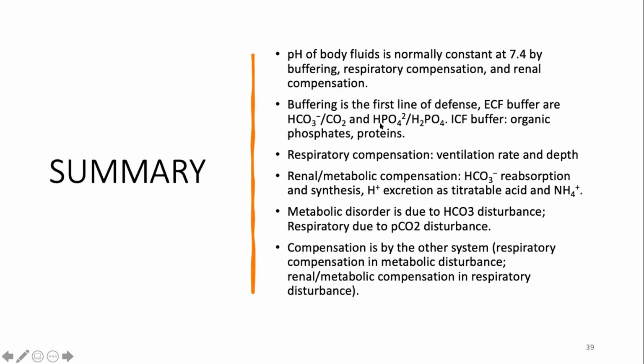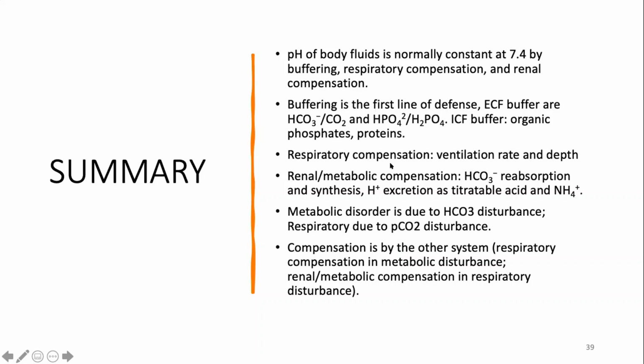So in summary, you need to remember that your body fluid pH needs to be maintained constant at 7.4, and this can be achieved by 3 main mechanisms: first the chemical buffer, second the respiratory compensation, and third the renal compensation. The buffering is always the first line of defense, and this buffering mainly comes from the ECF and also the ICF.